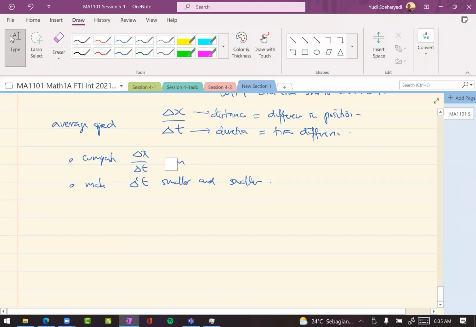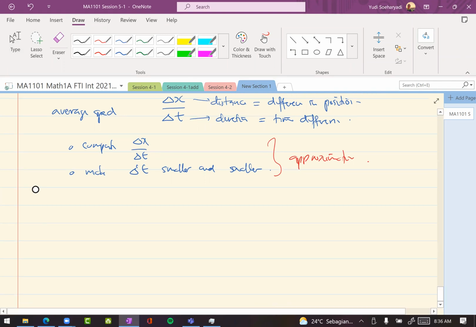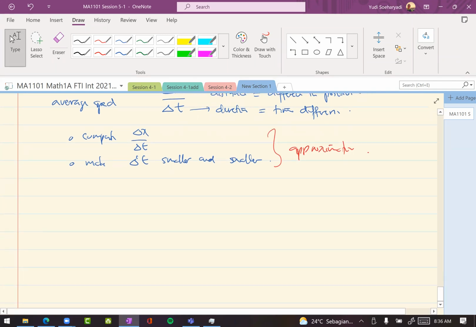Okay, so that's the idea of approximations. Because there's no way you can compute 0 over 0. But with the approximations, we hope to get something.